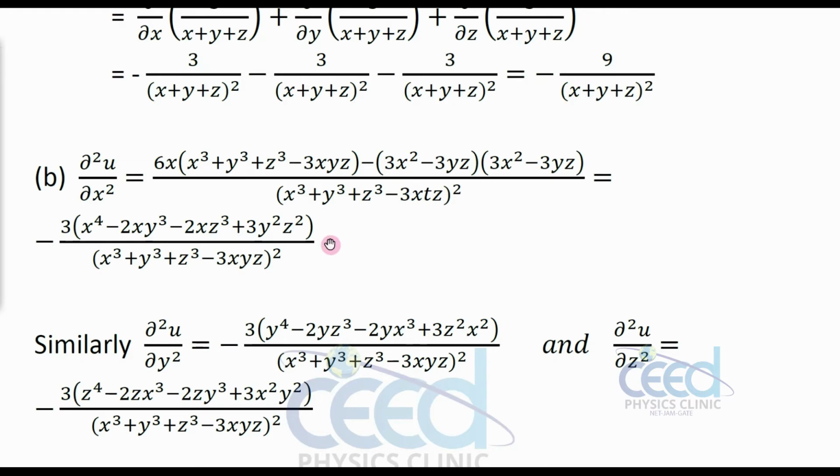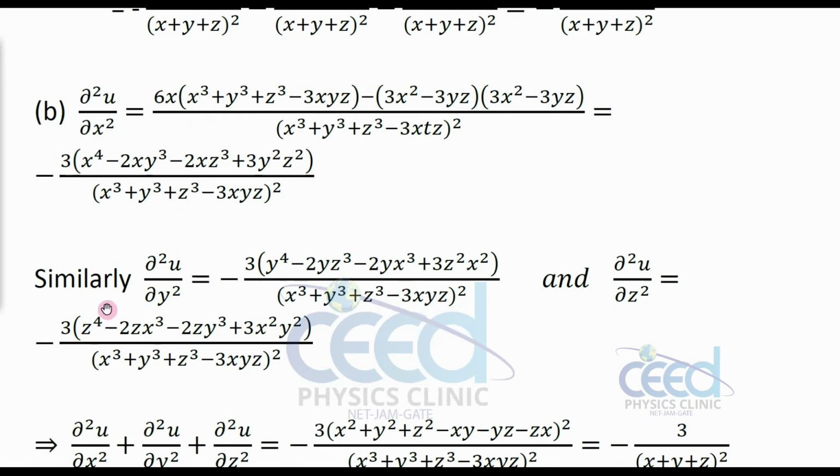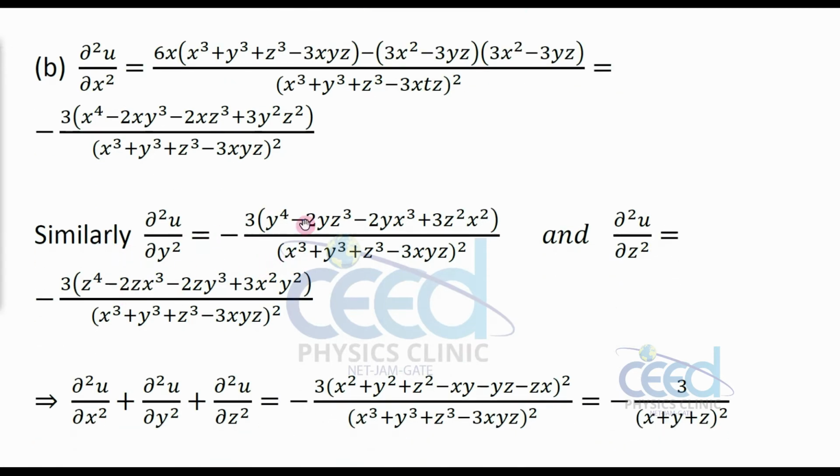You can try yourself, and you will get an answer like this. And similarly, dou square u by dou y square, that also you can do in the same format. You can replace this. Once you get this result, then you can easily form this result. There is a pattern.